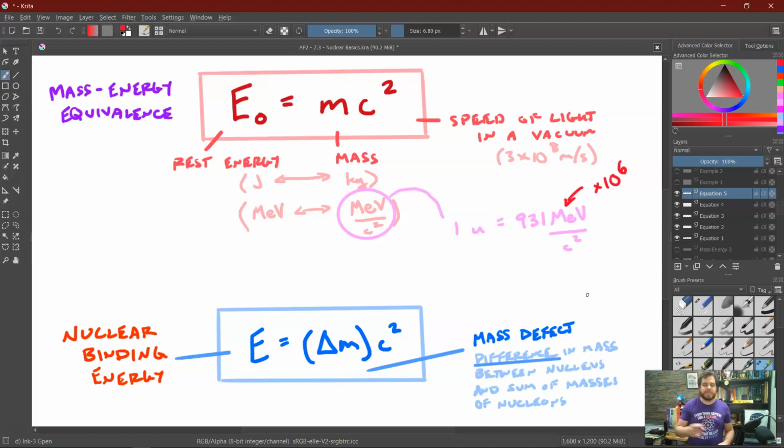So for instance, if I have an atom of carbon-12, its nucleus will have some mass, and that's composed of 6 protons and 6 neutrons, so the sum of its nucleon masses, that would be 6 times the mass of the proton plus 6 times the mass of the neutron, will have a different mass. The difference in these two values is known as the mass defect. So if we multiply that by c squared, we know how much energy is either released or gained by the nucleus as it is formed or broken apart.